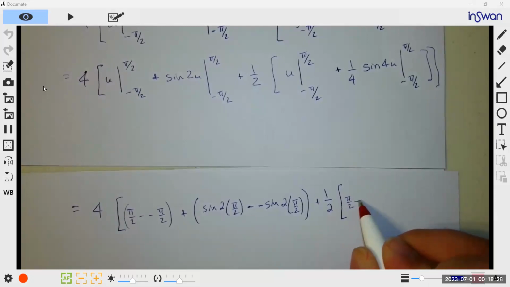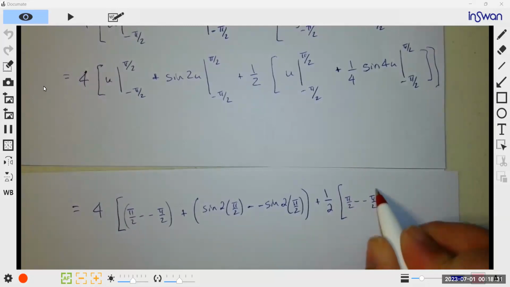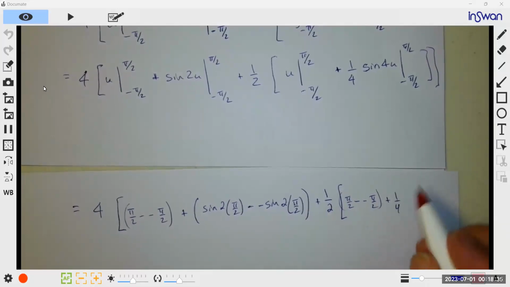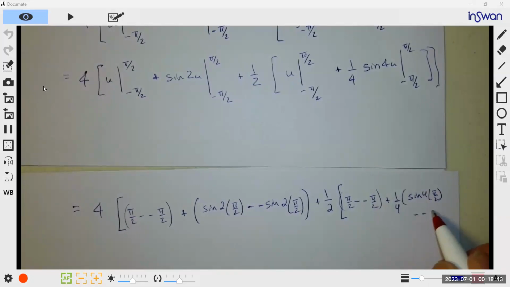Pi over 2 minus negative pi over 2 plus 1/4 sine 4 pi over 2 minus negative sine 4 pi over 2.